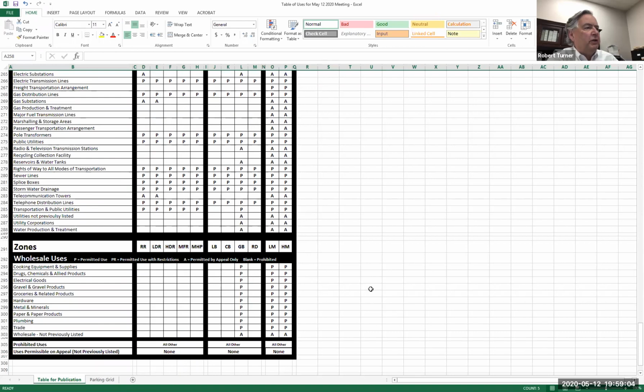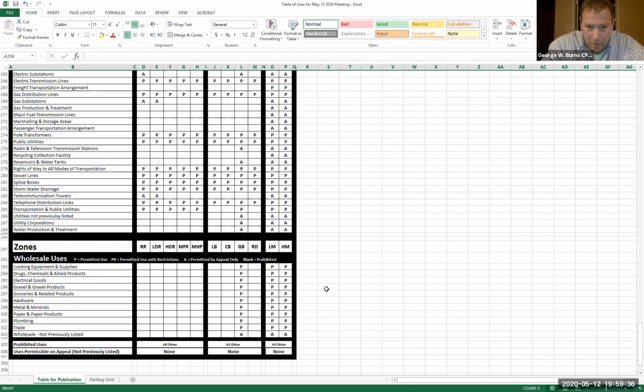And wholesale uses, do we even need those? Do they need to be someplace else? Here's another hardware. Well, that's wholesale hardware. What the difference is, I couldn't tell you. I have an example of a wholesale hardware place.